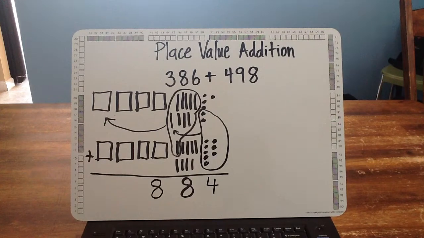This just helps students to really understand the concept of regrouping. So this again is a place value addition with two 3-digit numbers that each has to, every time we have to regroup a number from the ones to the tens and from the tens to the hundreds.